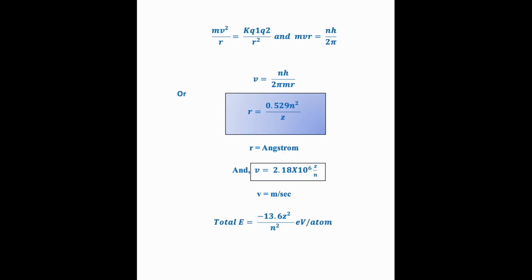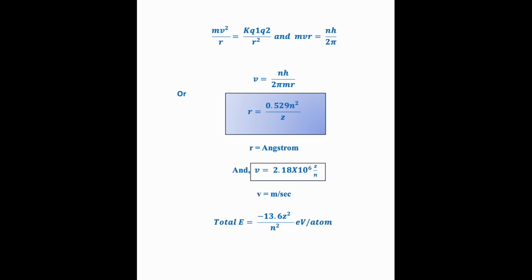So from these equations, that is mv square upon r is equal to k q1 q2 over r square and mvr equals nh upon 2 pi, we can get the value of velocity, the radius of the orbital, as well as the kinetic energy, potential energy, and the total energy.